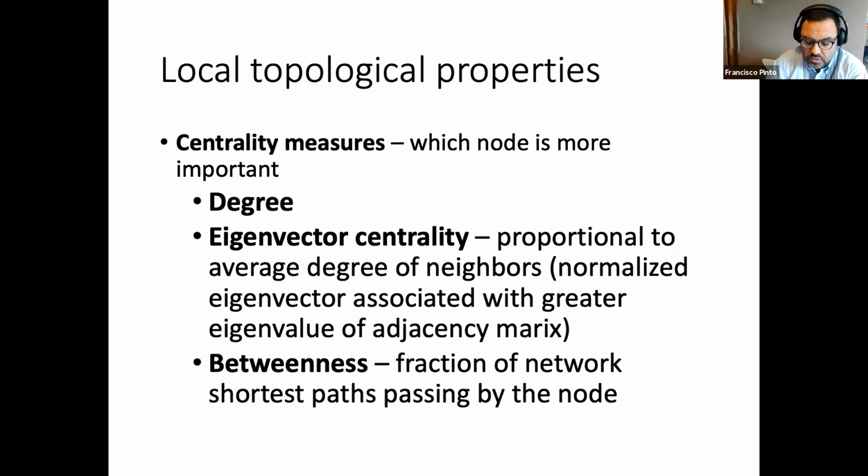Yesterday we also computed the betweenness centrality. So the betweenness measures the importance of a node: nodes are more important if they are part of shortest paths linking any other two nodes in the network.